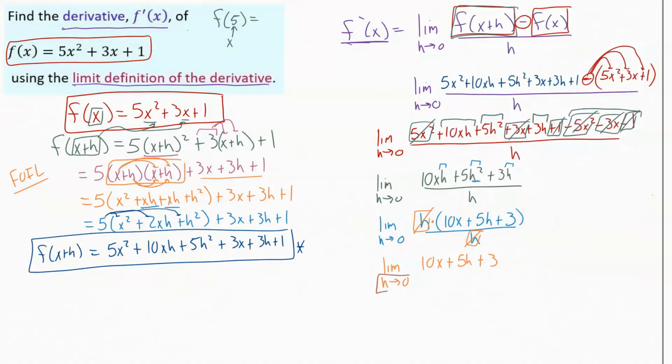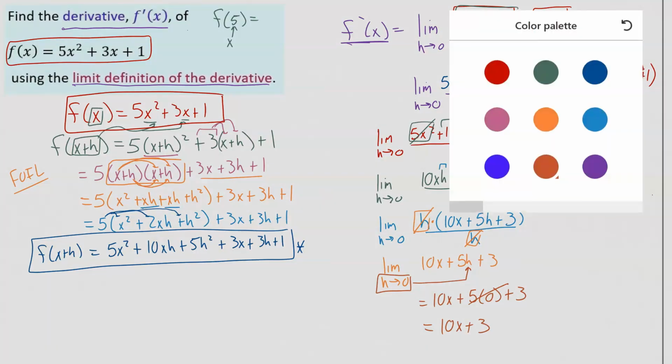So you just take that value for h, which is 0, and we just plug it into our limit statement. And so out of there, we are going to get 10x plus 5, and instead of h, we would plug in 0 plus 3. And then simplifying that down, that's going to get us 10x, 5 times 0 goes away, plus 3. And there's our derivative.